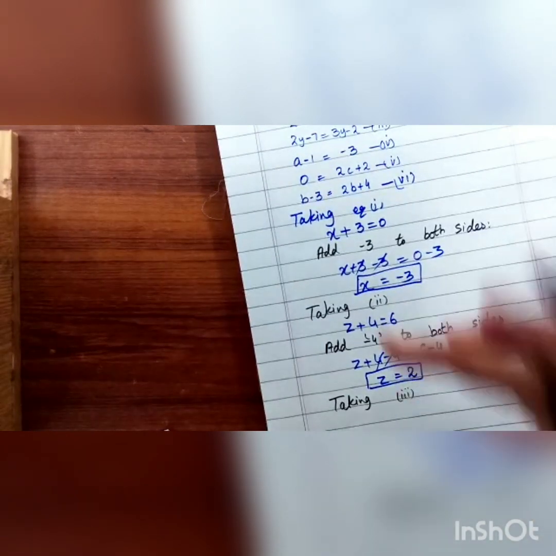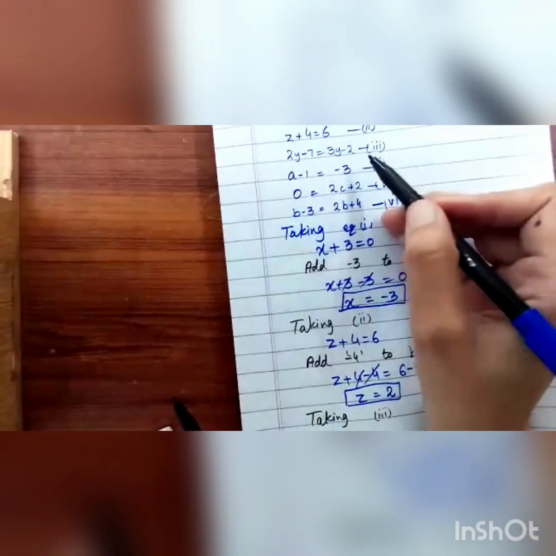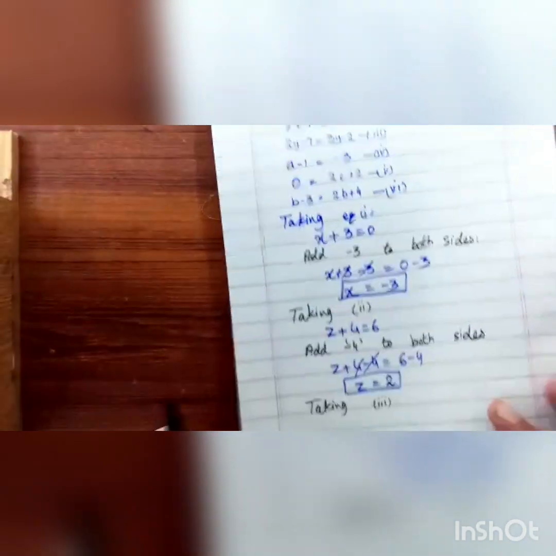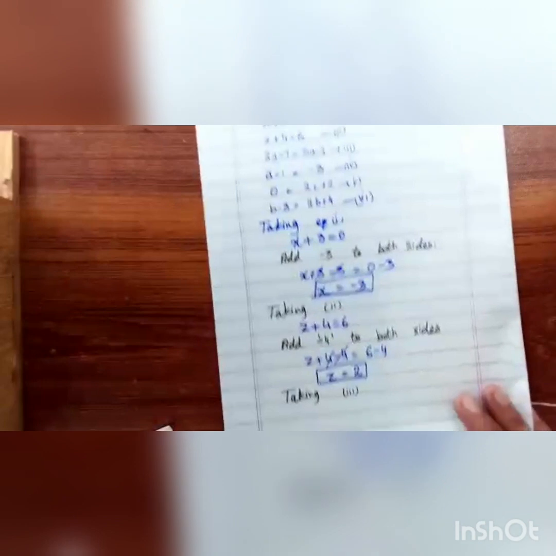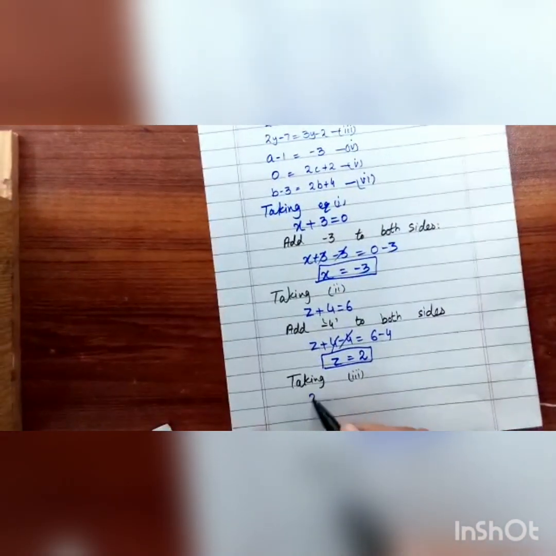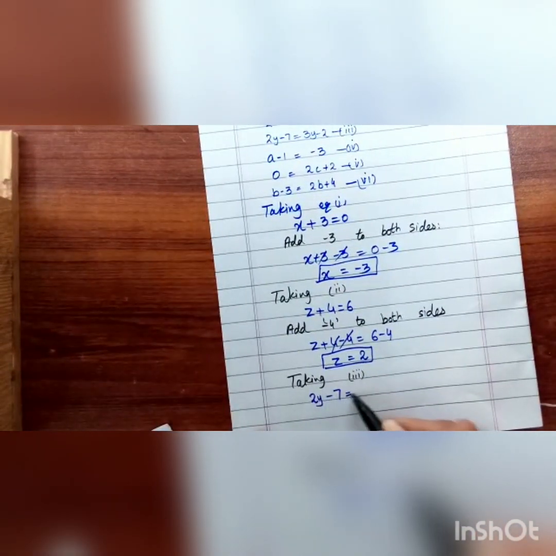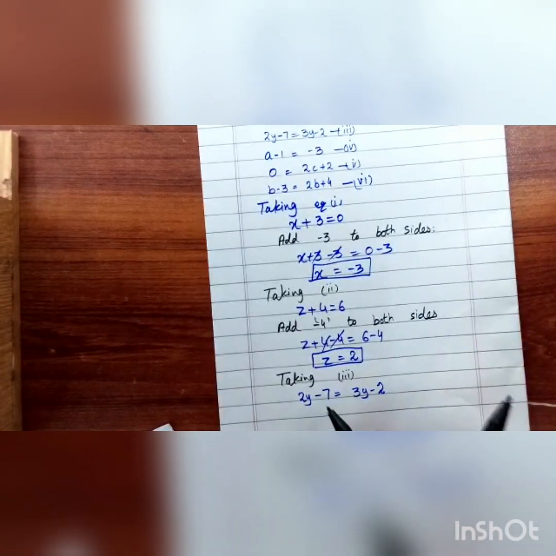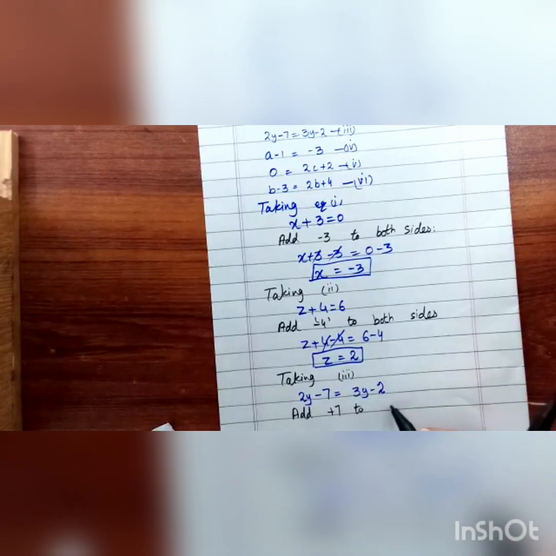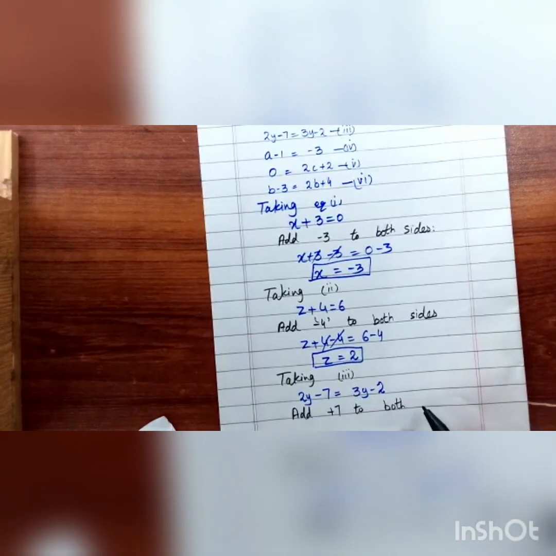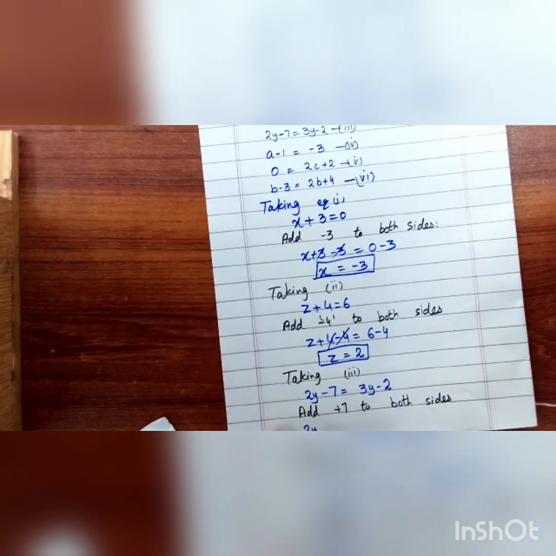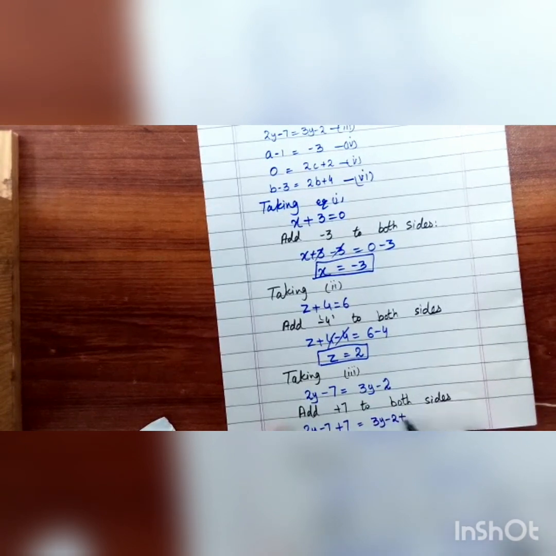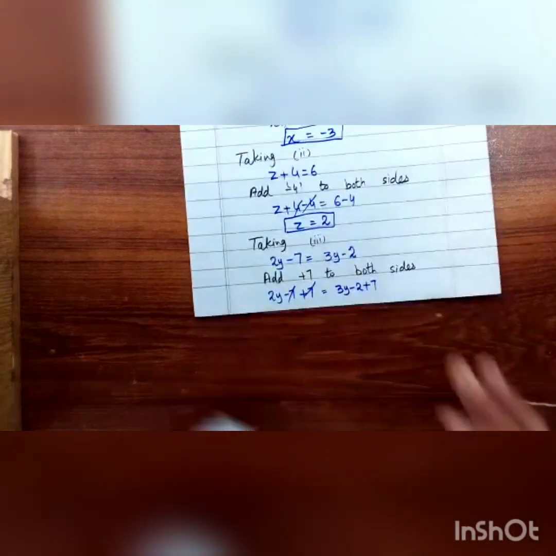Now taking equation number 3. Okay, so equation 3 is 2y minus 7 is equal to 3y minus 2. Now by shifting minus 7 to both sides, 2y minus 7 plus 7 is equal to 3y minus 2 plus 7. 7 and 7 are cancelled.